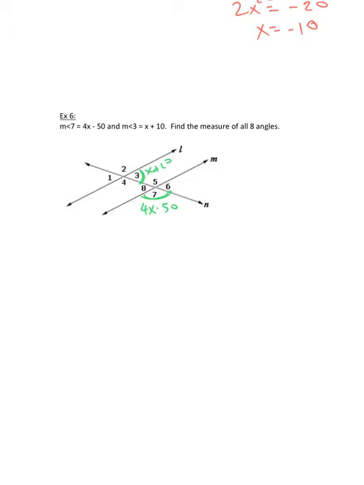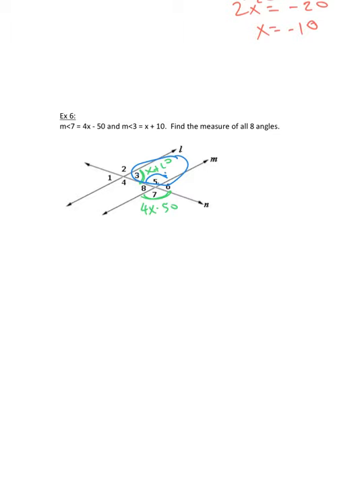So what you have to do is take a little like a two-stepper. You have to say to yourself, angle 7 is vertical with angle 5. They're the same measure. And now if you look at 3 and 5 together, 3 and 5 are consecutive interior. They're supplementary.